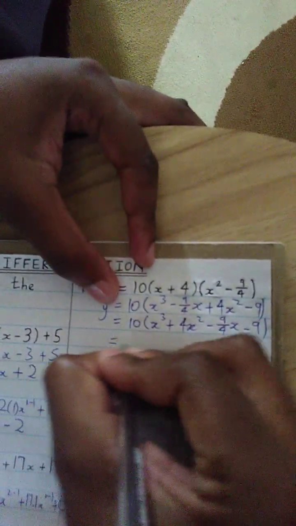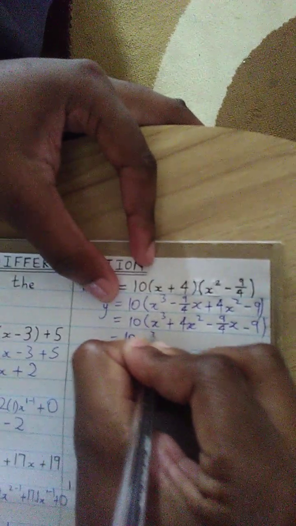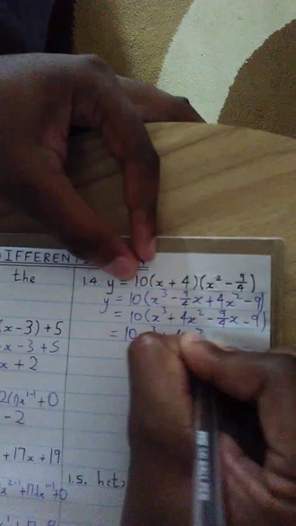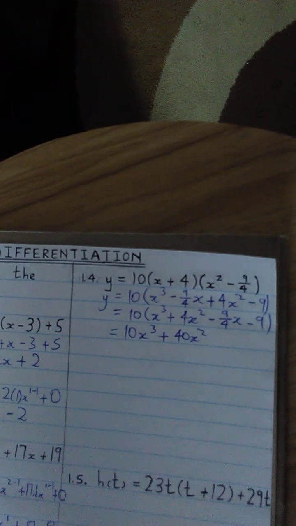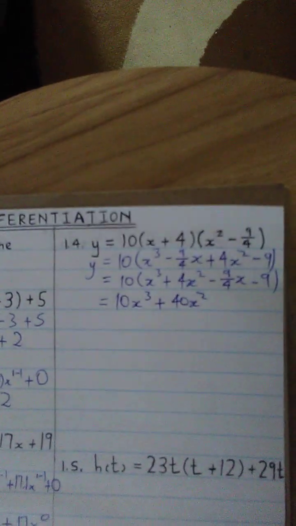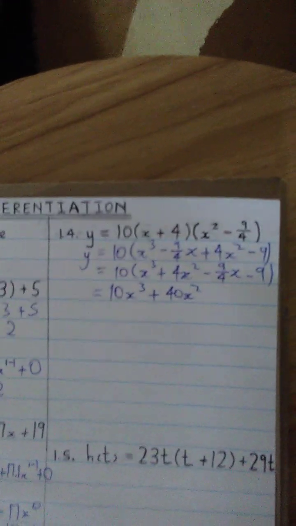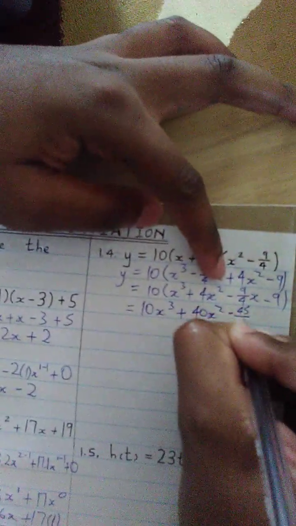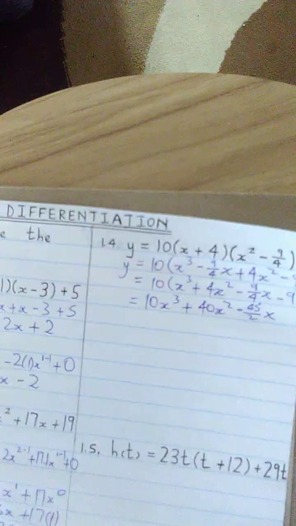So we expand, so it's going to be 10x cubed plus 40x squared, negative 45 over 2, sorry, x minus 90. Right?